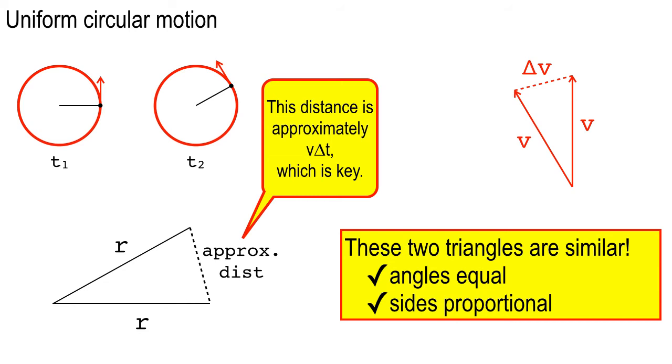All right, now let's set up the proportion. A proportion is a pair of ratios. What we're going to do is a ratio between the long side of the position and the long side of the velocity triangles, and then the base of the position and the base of the velocity triangles.